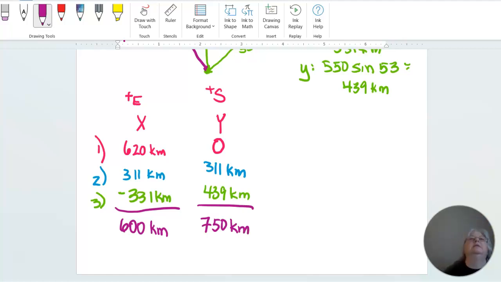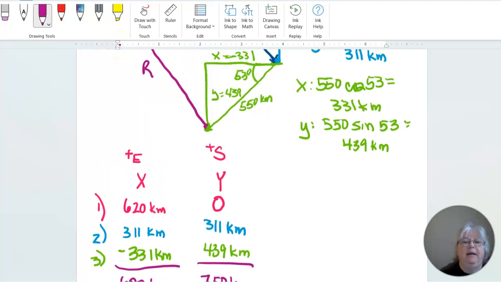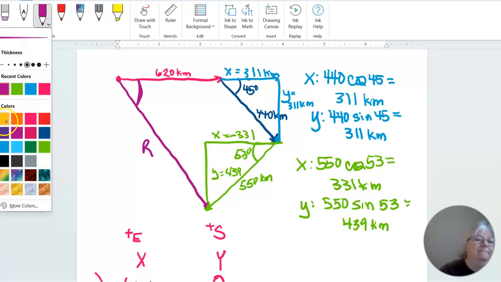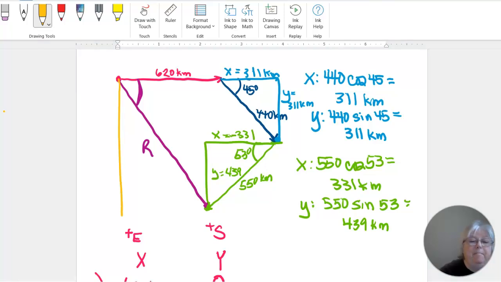So what this means is that at the end, my ship is south of its original point by 750 kilometers and east of its original point by 600. So what that looks like is this: 750 to the south and 600 to the east.